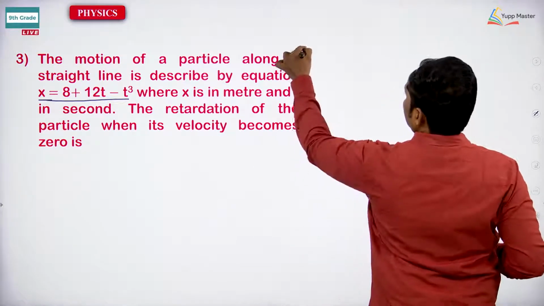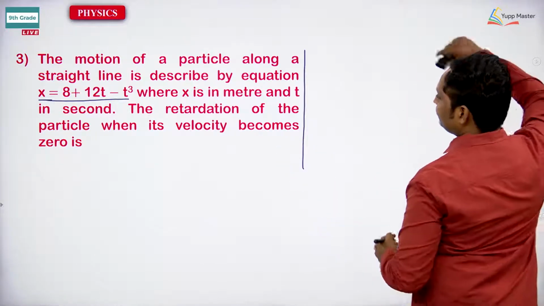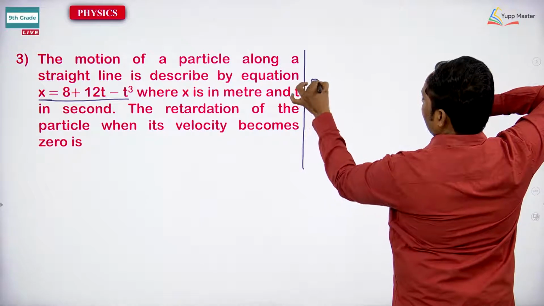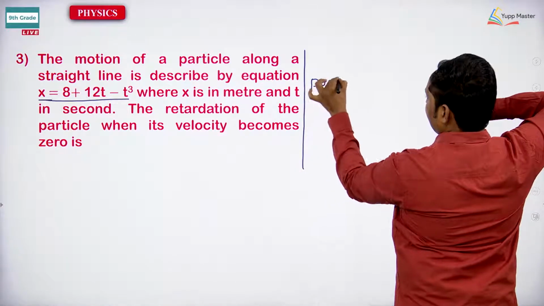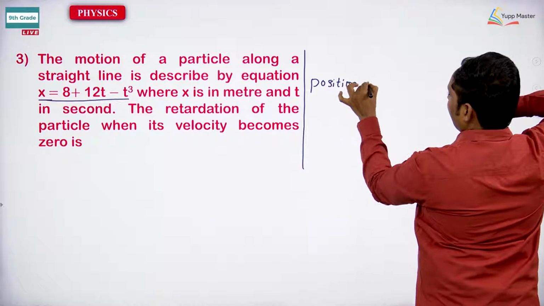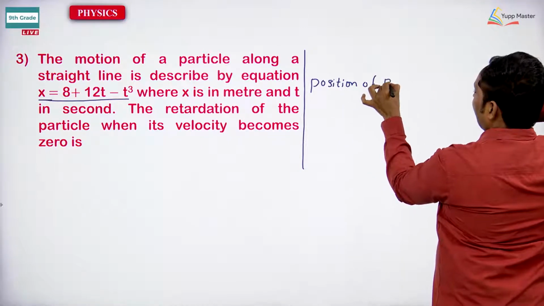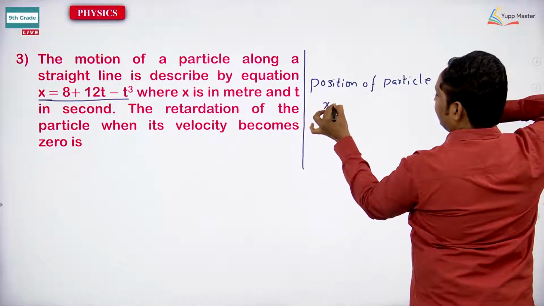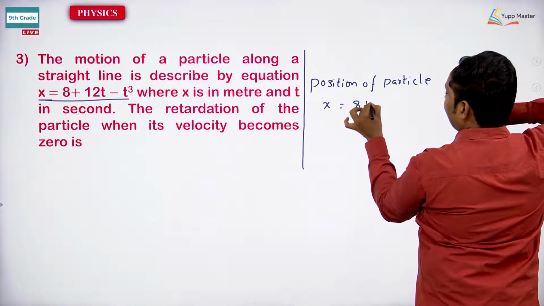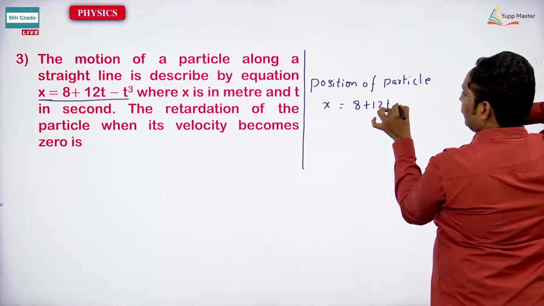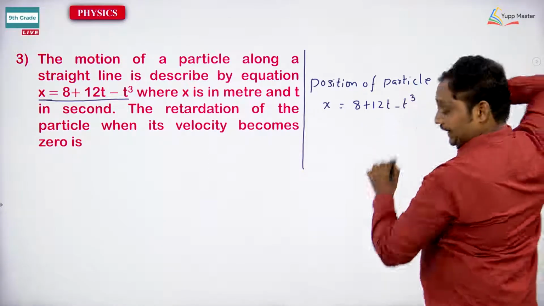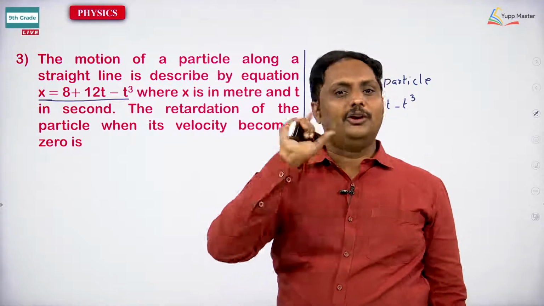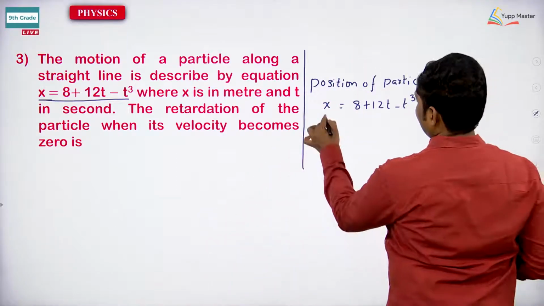While you are solving this problem, just write down the position of the particle, that is x is equal to 8 plus 12t minus t cube. Very clear. The rate of change of position gives the velocity, right.